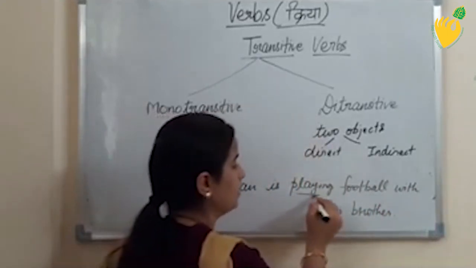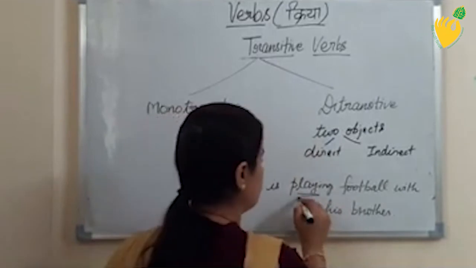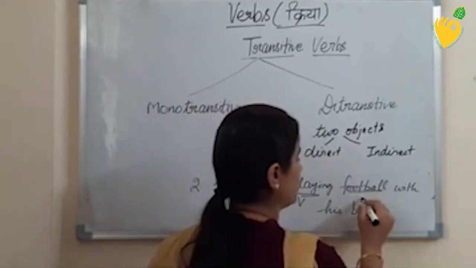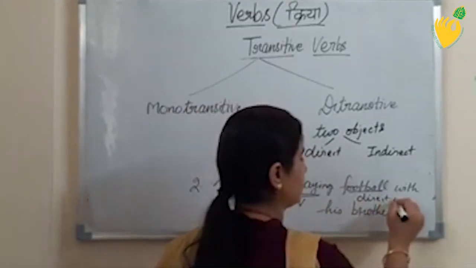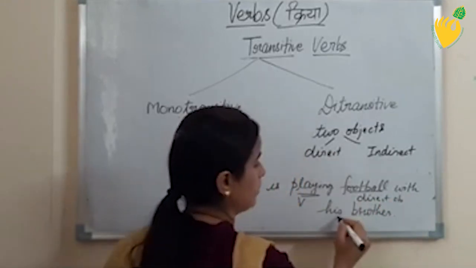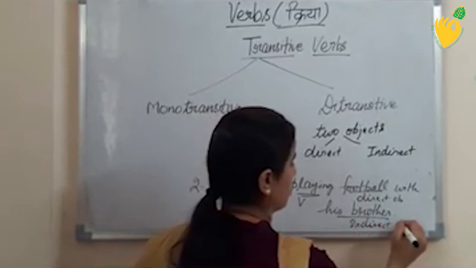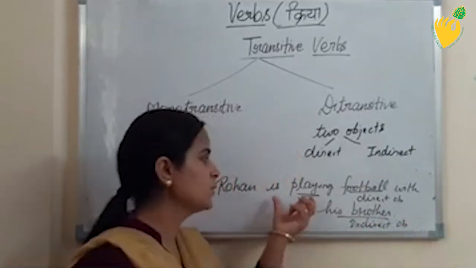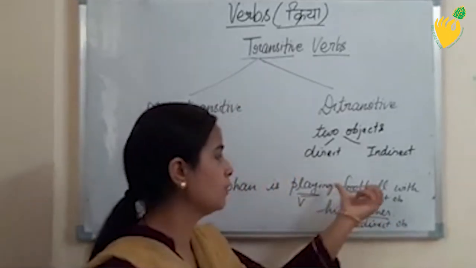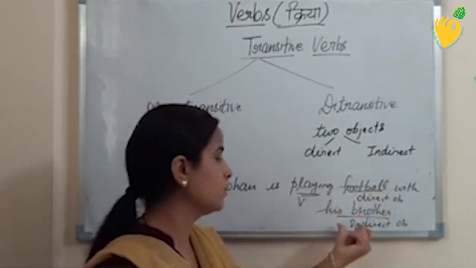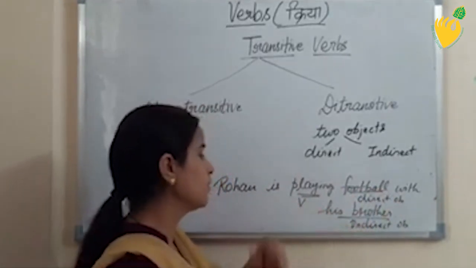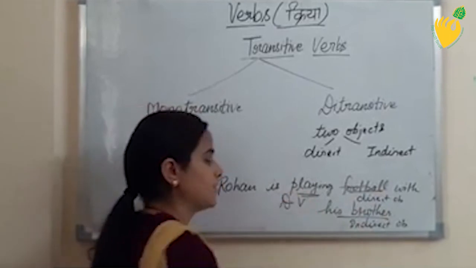Now in this example, playing is the verb, football is the direct object, and his brother is the indirect object. So this verb playing is having two objects, one direct object and one indirect object. So this verb playing is also a ditransitive verb.